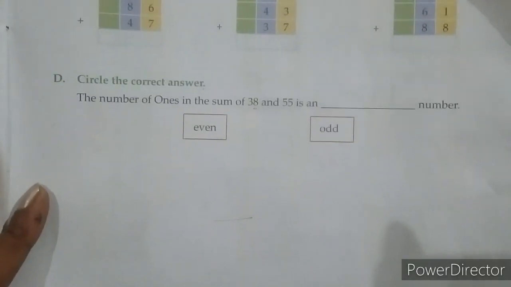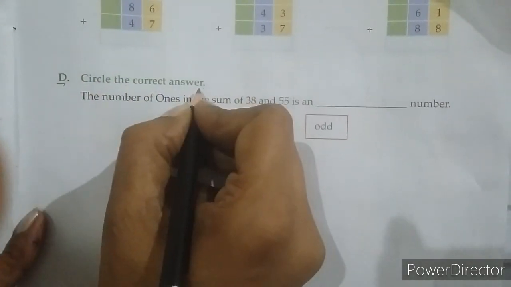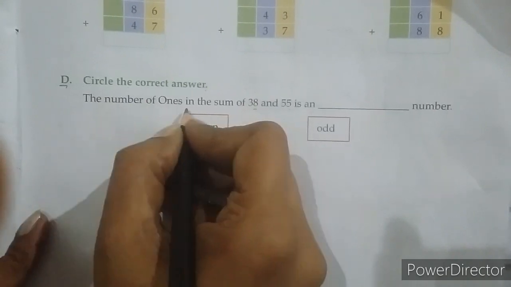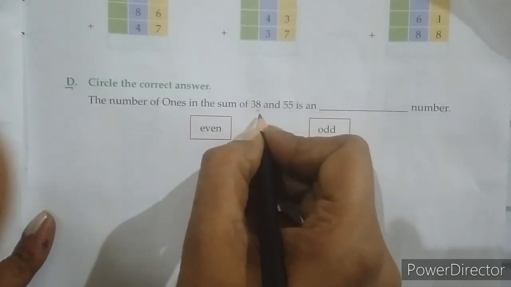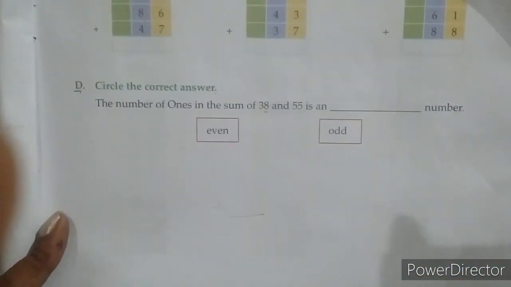So start students. Worksheet number 3.2, question number D. Circle the correct answer. The number of ones in the sum of 38 and 55 is an dash number. Even or odd you have to write.